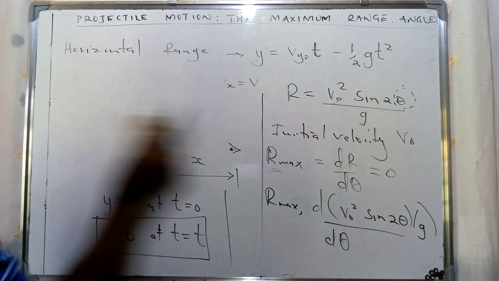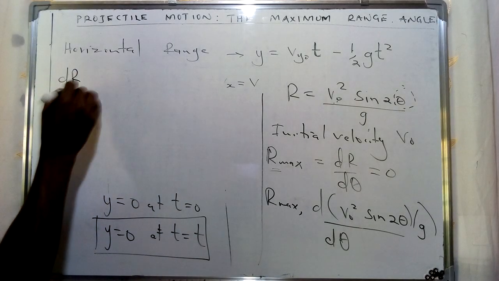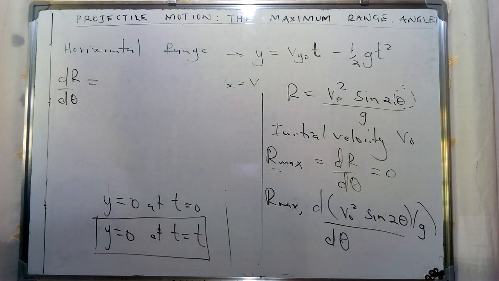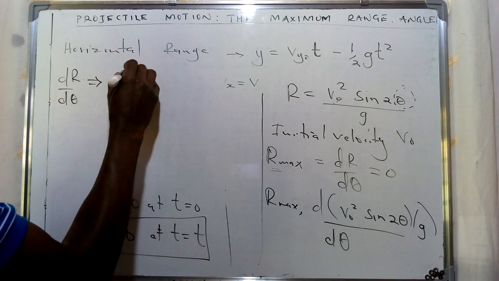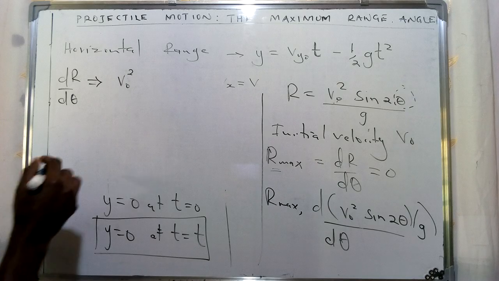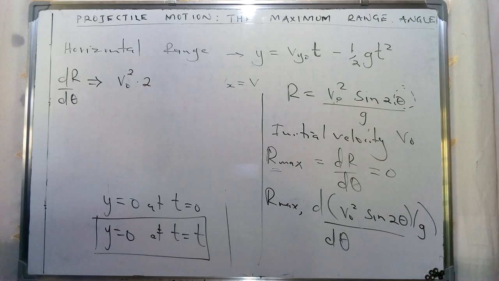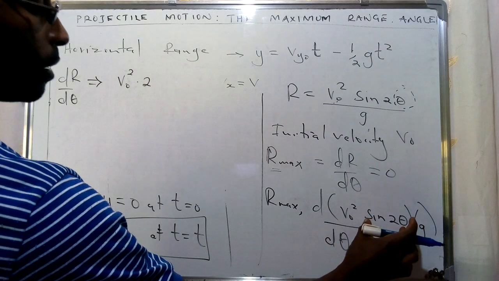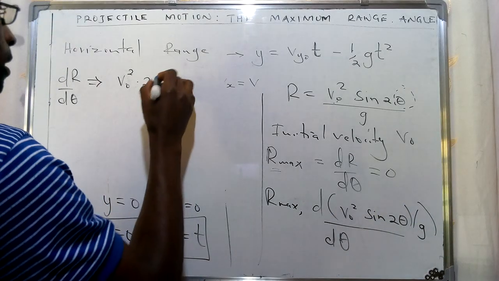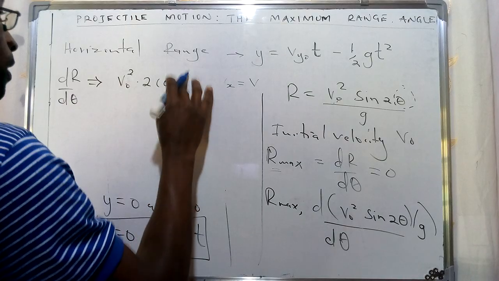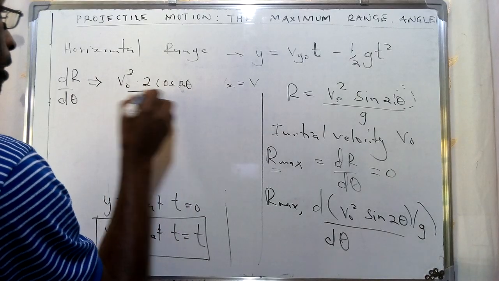According to the laws of derivatives, we're going to take the constants out, thereby implying that dR over d theta can be found as follows. This is going to be a constant, v naught squared, and we're going to have the numerical value of 2, and we're going to find the derivative of the sine function, which is going to be the cosine of 2 theta, all over g.